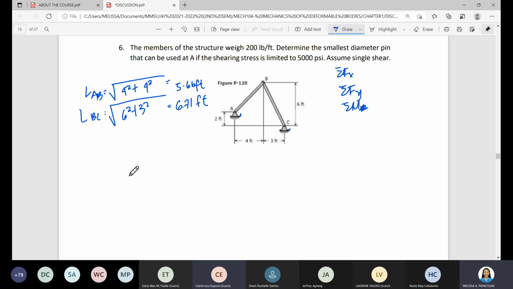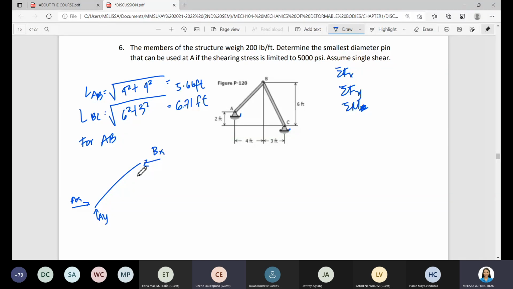So for member AB, i-drawing natin yung free body diagram. So we have here AY, AX, BX, and we have our BY.